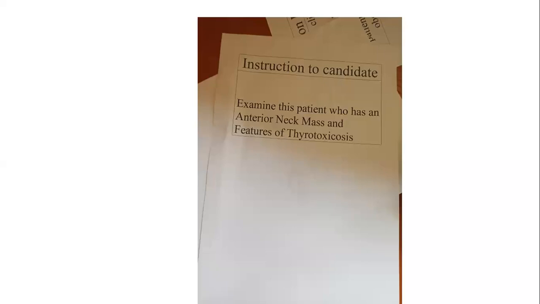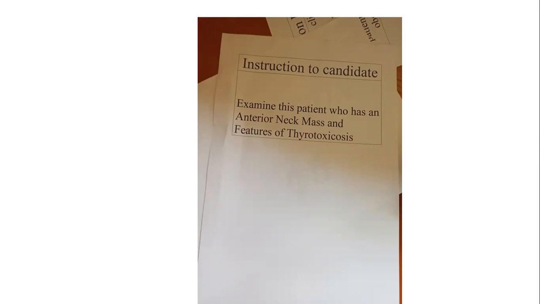Then you also do upper limb examination. You tell the patient to put his hands, for example, to comb his hair, and you check for finger clubbing. What else do you do? You do lower limb also. For the lower limb, you can tell the patient to squat and stand up without using his hands.